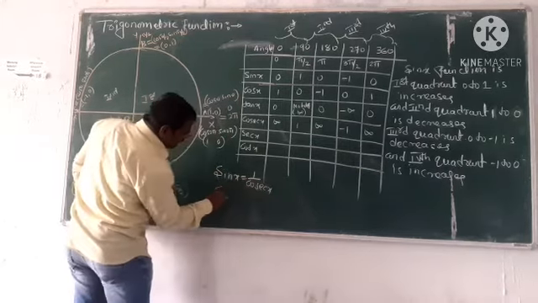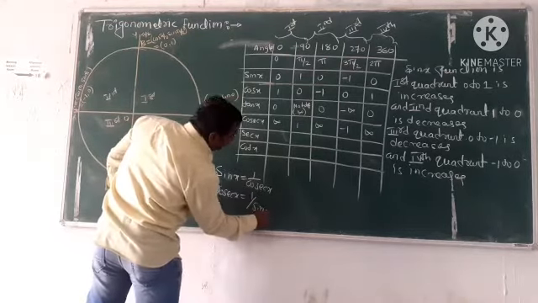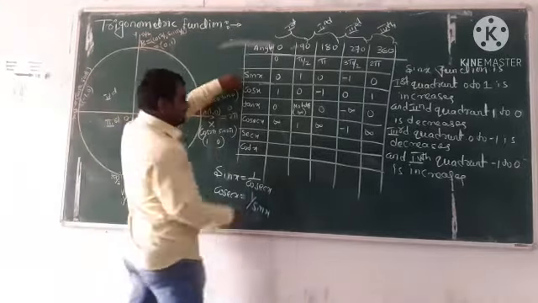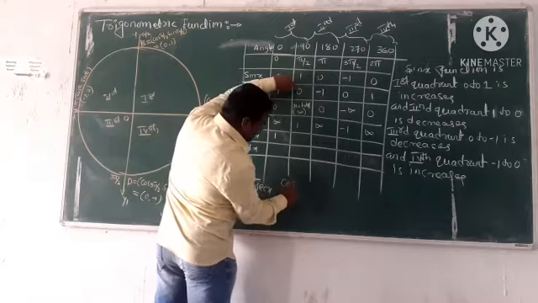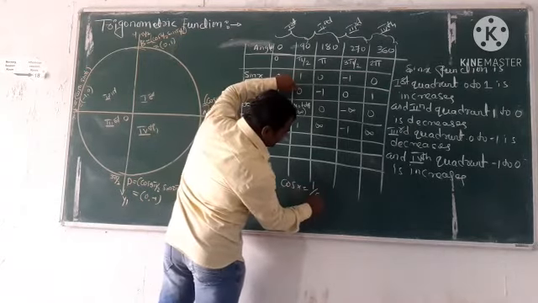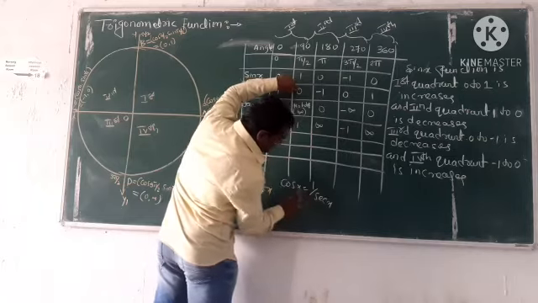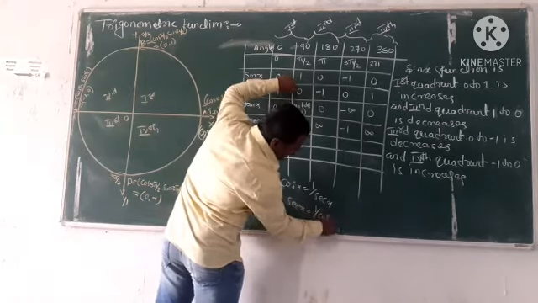Similarly cos x is 1 by sec x, and sec x is 1 by cos x.